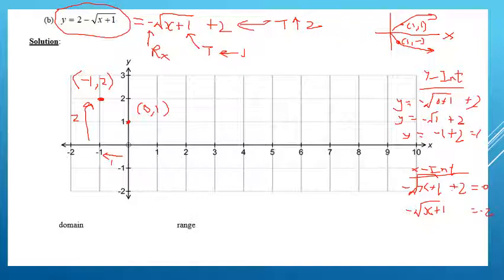Divide both sides by negative 1, and we've got the square root of x plus 1 equals +2. The opposite operation of square root is to square, so if we get rid of the square root by squaring both sides, x plus 1 equals 2 squared, which is 4, and take 1 from both sides, we get x equals 3. So my x-intercept is actually this point here, the coordinate 3, 0.